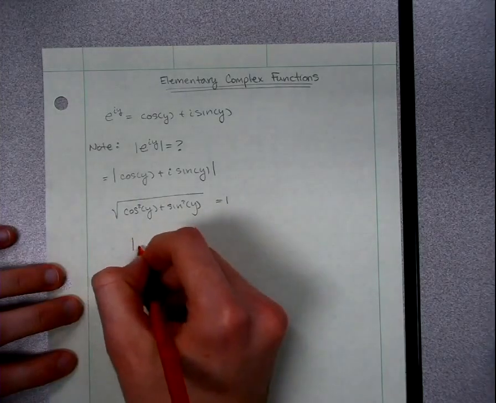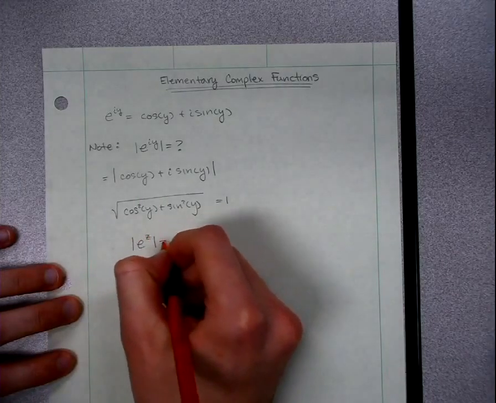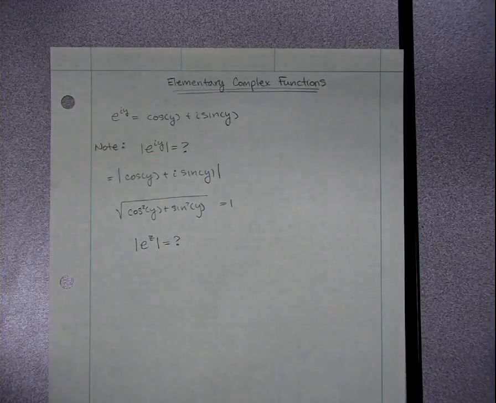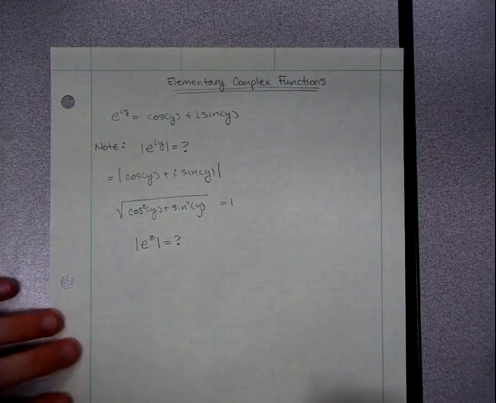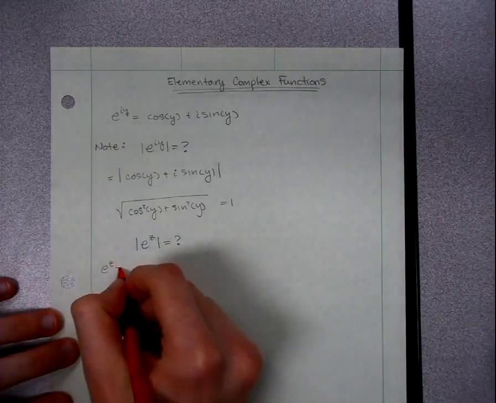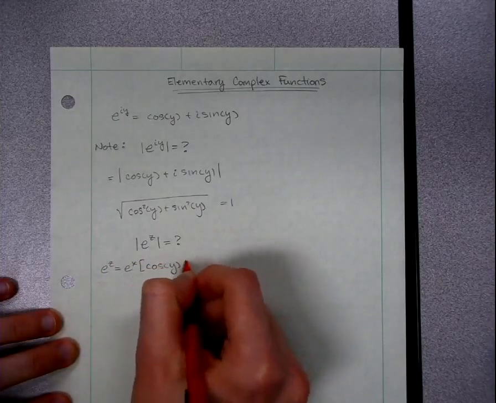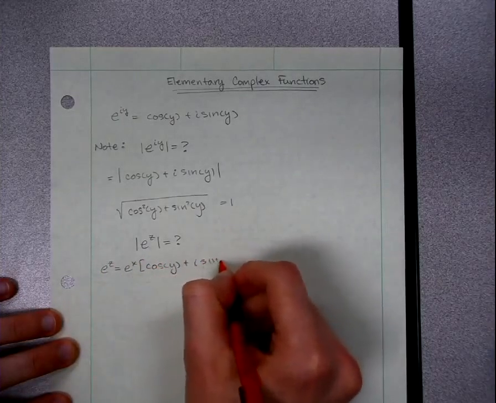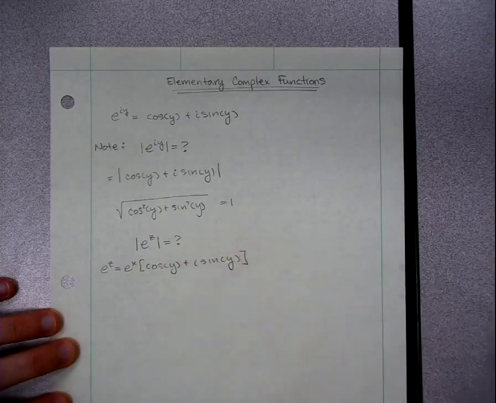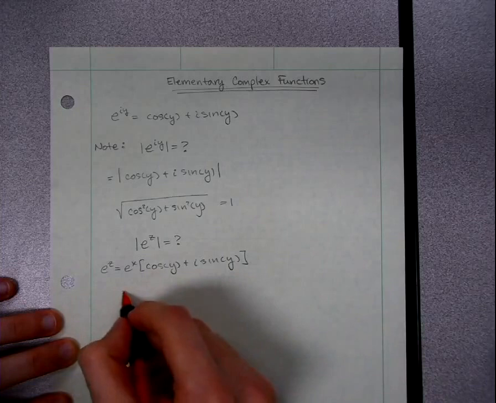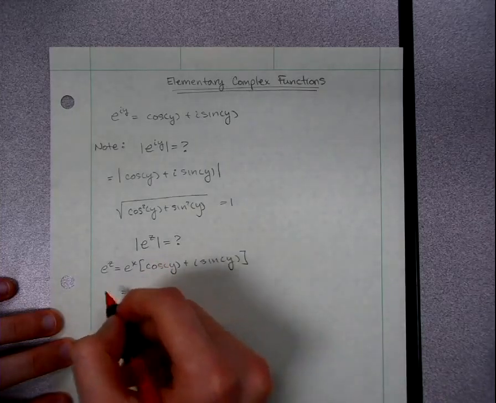What is the modulus of e to the z? What is that? So let's just do the same thing. We had e to the z equals e to the x times cosine of y plus i sine of y. So doing the exact same thing, we would get, sorry, the modulus.